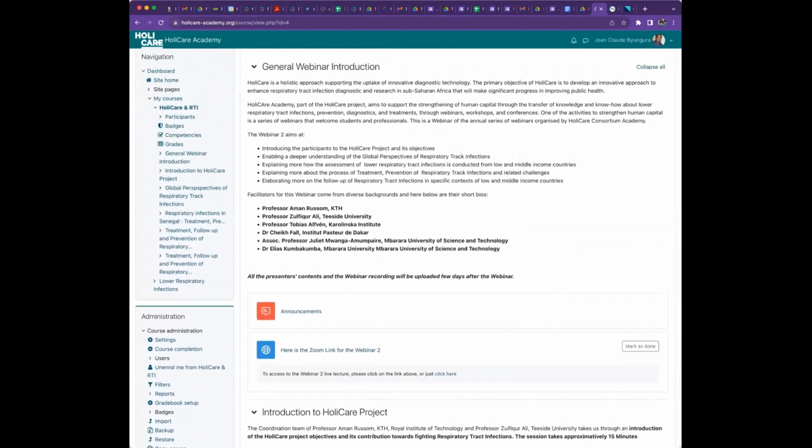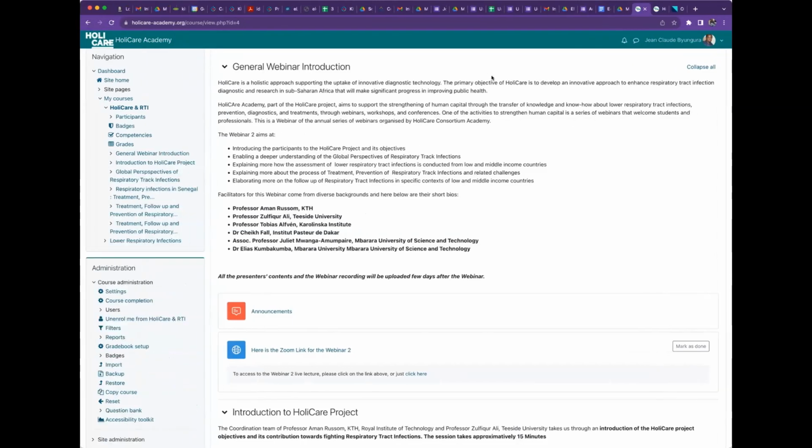Great. Any other intervention from Cheikh or Juliet? Yes, just to add something in addition to the talk of Elias. I think in Senegal we have a similar situation, and treatment procedure depends on the level of the hospital.